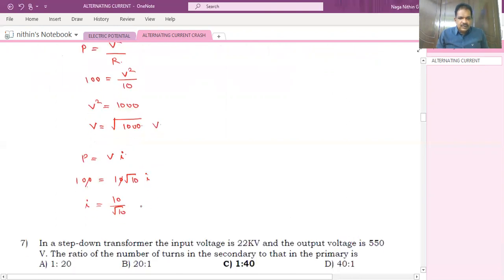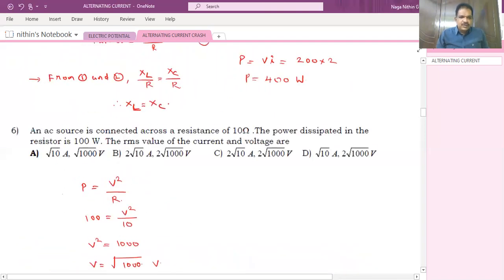So I is equal to root 10 amperes. Okay. So this will be the answer for it. RMS value only, it is connected. RMS values means direct, no need to take again.